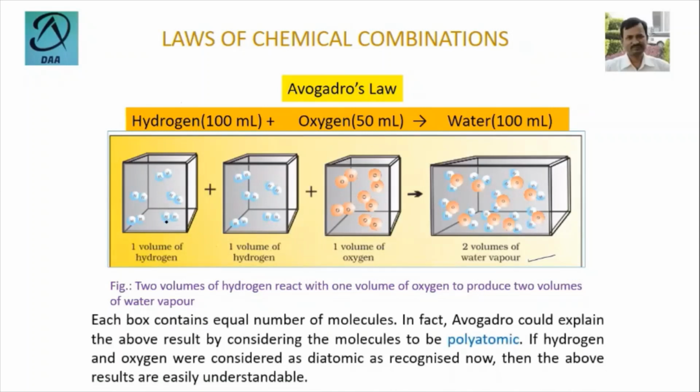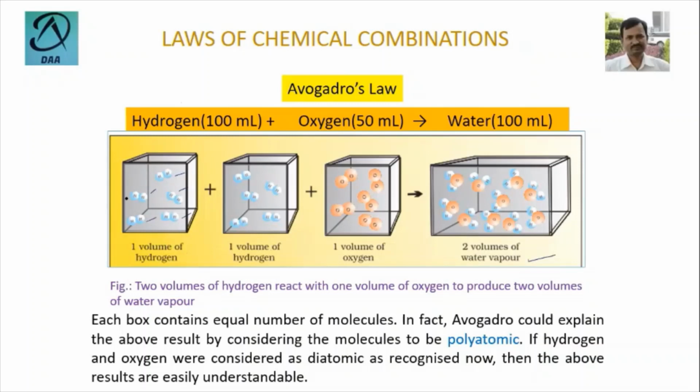So for each box, if you see the molecules, because Avogadro proposed the concept of molecules. Molecules differ from atoms. So 1, 2, 3, 4, 5. That means the same volume has the same number of molecules.